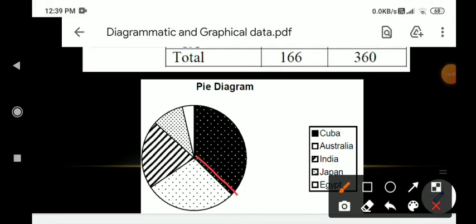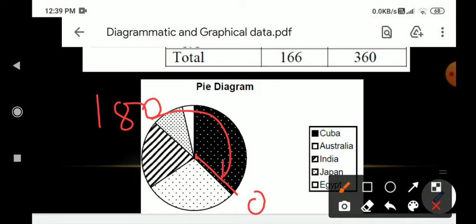Either way you can go, either clockwise or anti-clockwise. Here they have gone clockwise, so your protractor is this way, 0 is here, 180 is here. Now measure and find 134, whatever angle it is for the first country. So there you will draw one line.